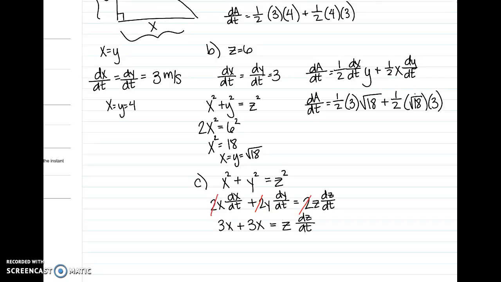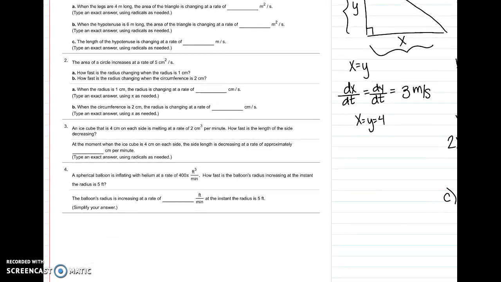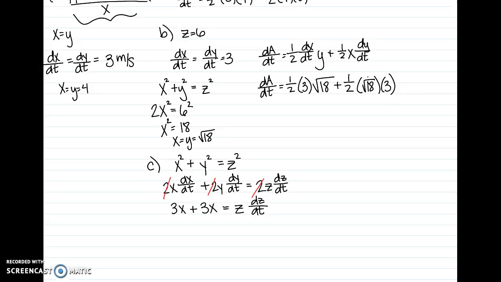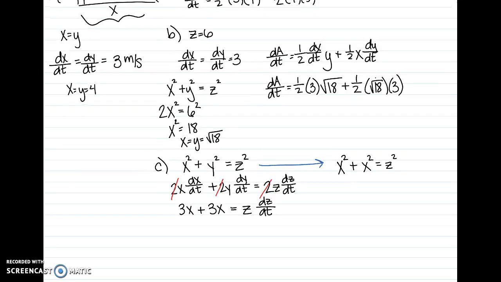Okay, so yikes, right? Our question mark was dz/dt, and I have x and z in my equation. But go back up here and remember that x and y are the same. So x squared plus x squared is z squared. So 2x squared is z squared.